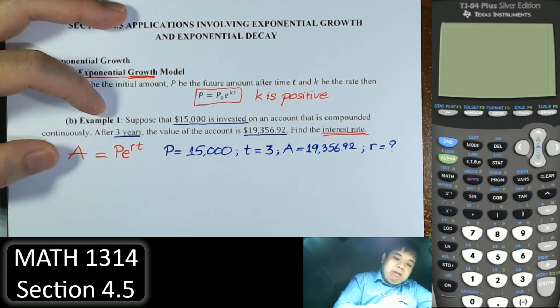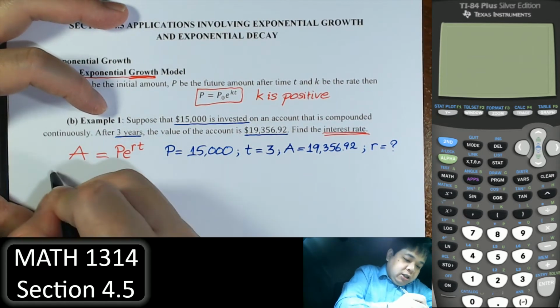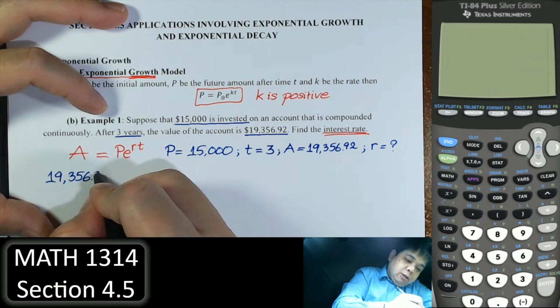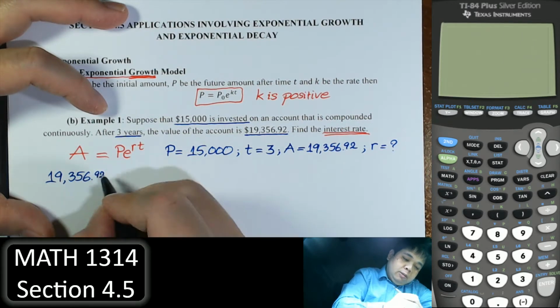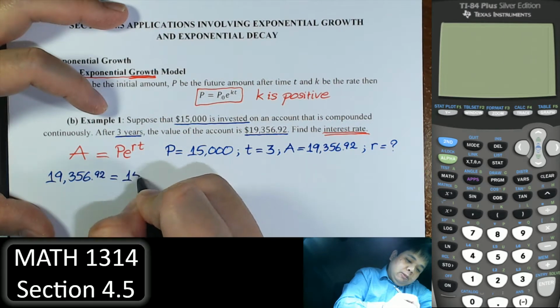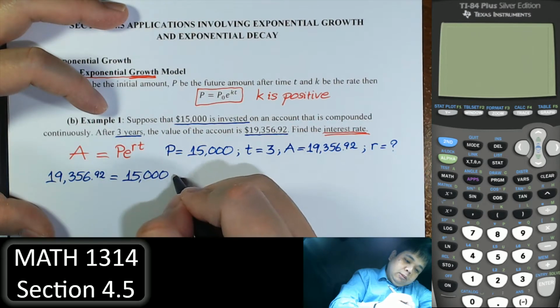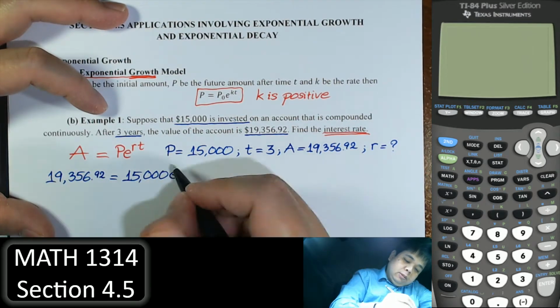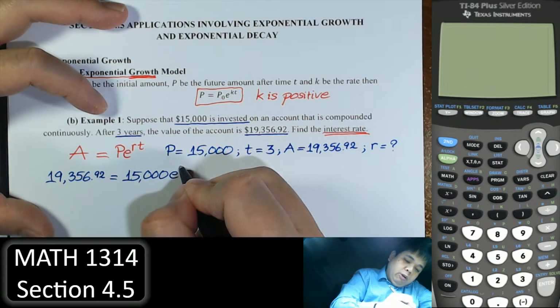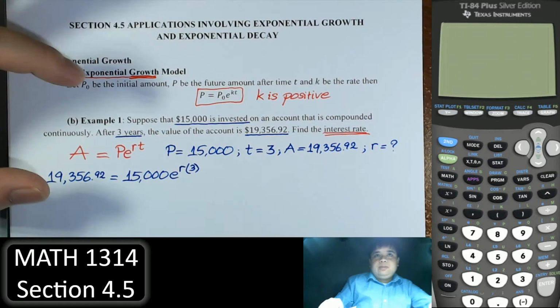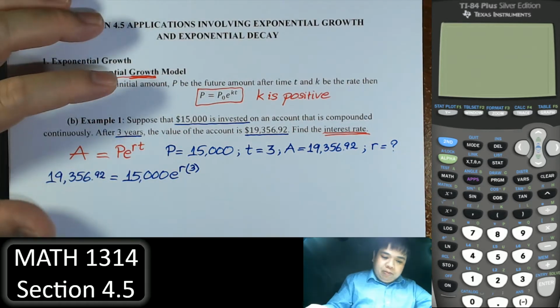So just put everything we know in this equation. We don't know the rate, but we know that it's going to take 3 years to get there, right?